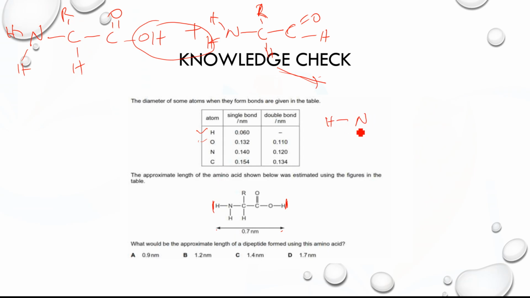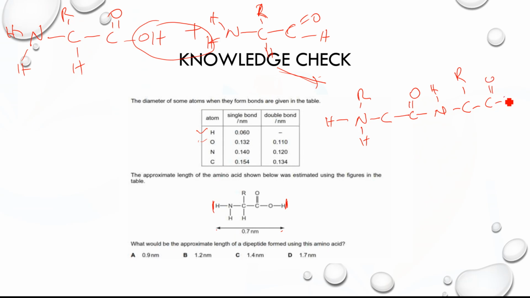So let's flesh it out. This is carbon. This is the carboxylate. You're going to form a peptide bond between these. This is the R group, hydrogen. This is carbon, R group here.